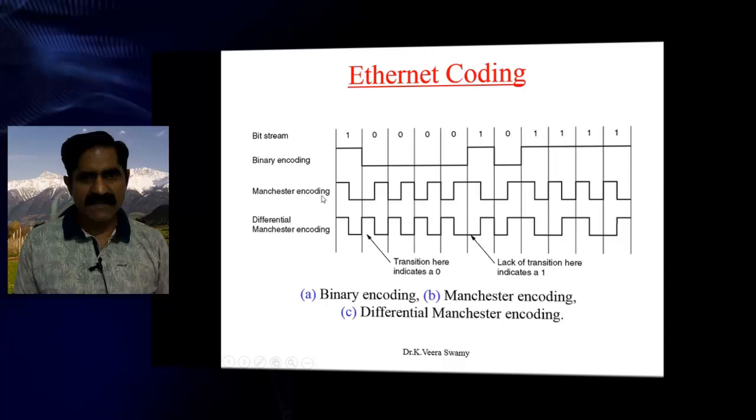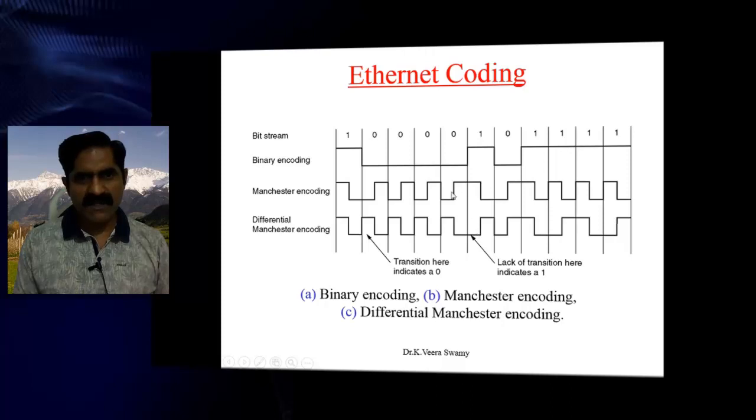Now see the next value also: we are taking a transition, so the next bit is 0. Next, here also we are at low level, moving to high value, a transition exists, so it represents 0. Like this. But once you come to this position, there is a lack of transition, and no transition indicates this bit is 1.